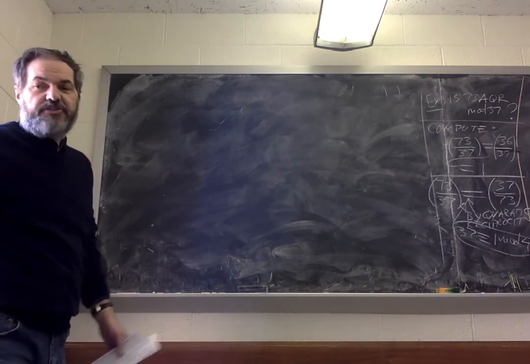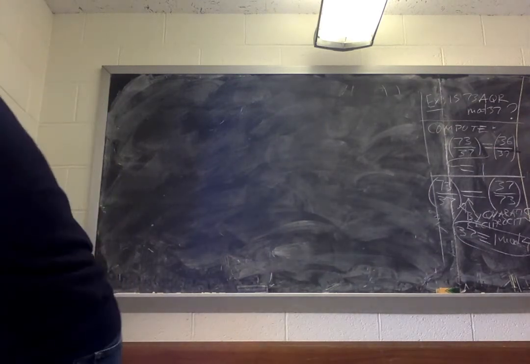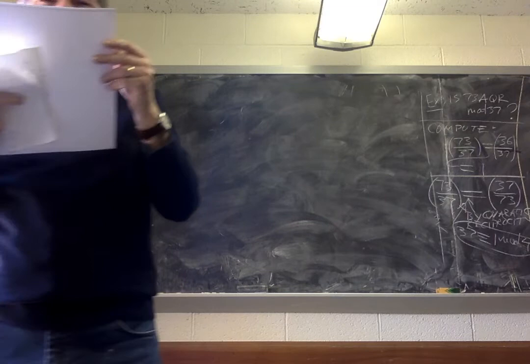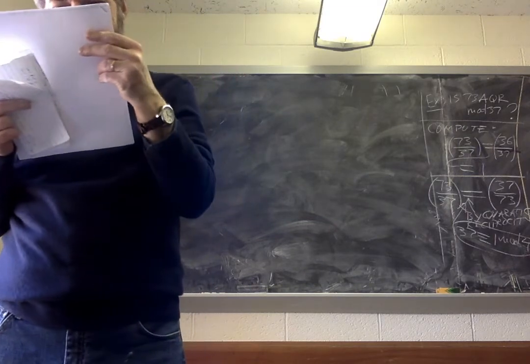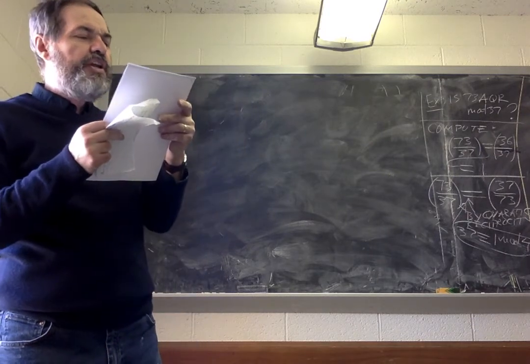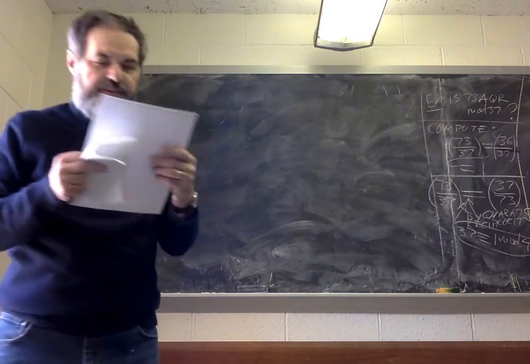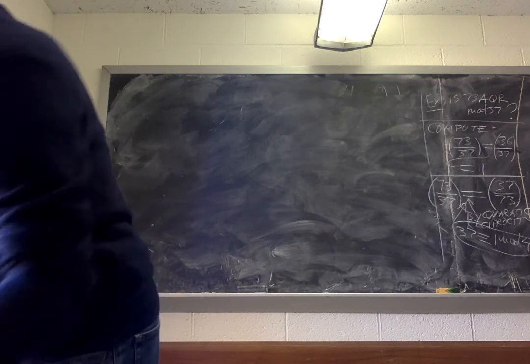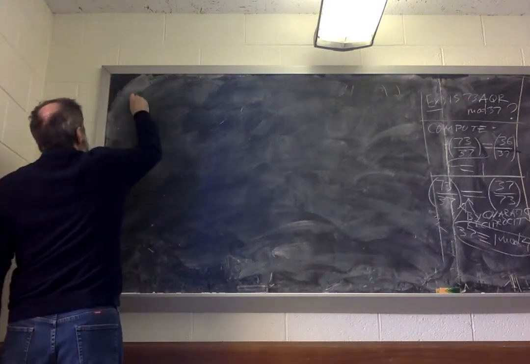As I said, it starts like this. Similar. Is the congruence x squared congruent to 11 mod something, some large number, solvable? Exactly.